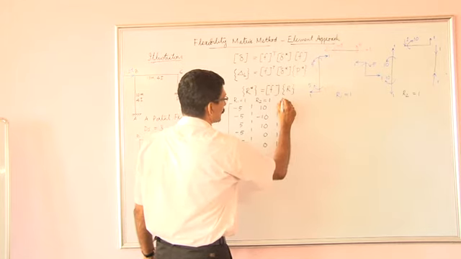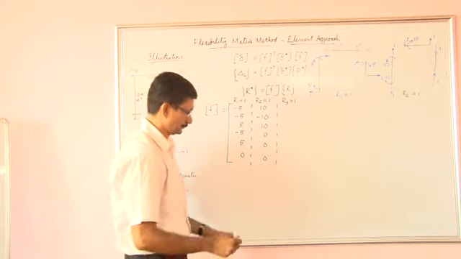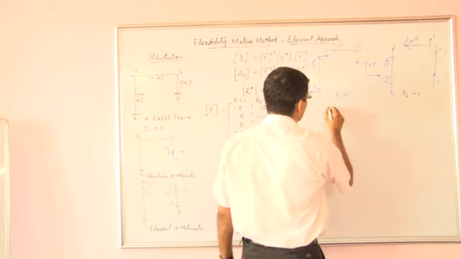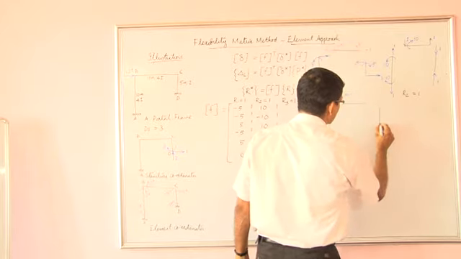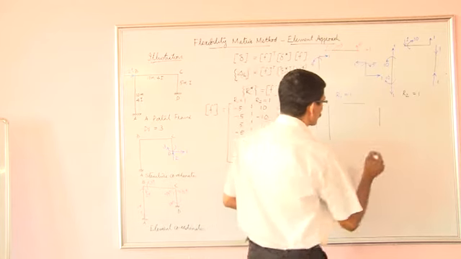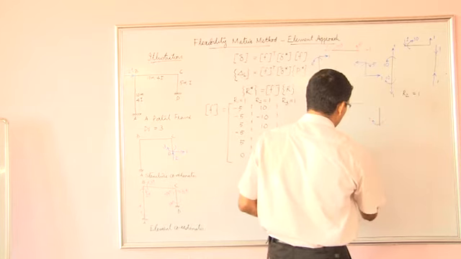Now to develop third column, we put R3 is equal to 1, R1, R2 are zeros. If you go ahead to plot the free body diagram, in this case, we applied R3 is equal to 1.